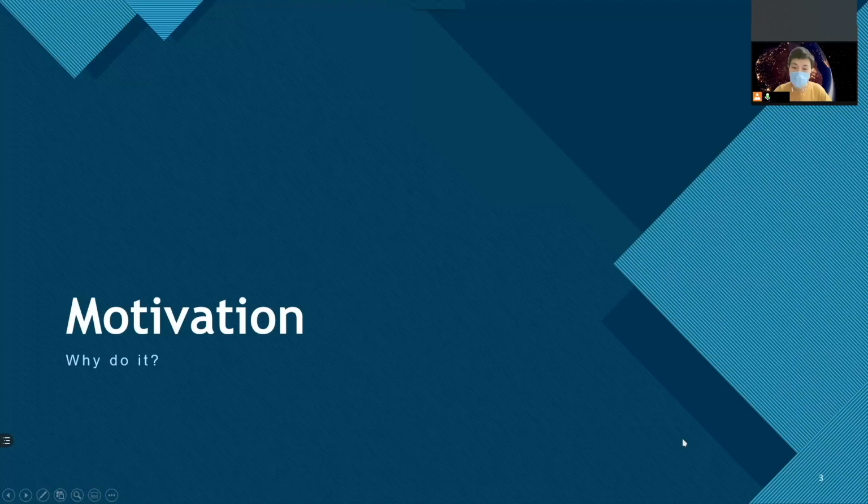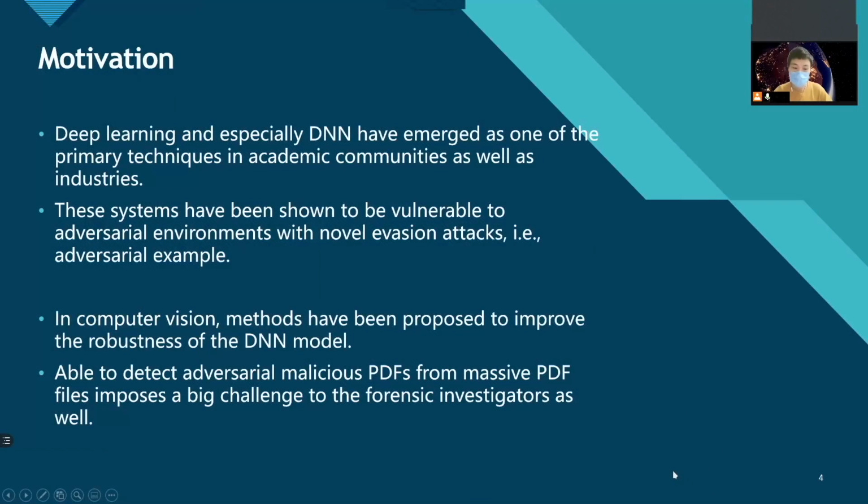First, I'm going to present the motivation for this work. I think you all know that deep learning, and especially DNN, has emerged as one of the primary techniques in academic communities as well as industries. They bring great convenience to technology and people's life, but they also bring safety concerns.